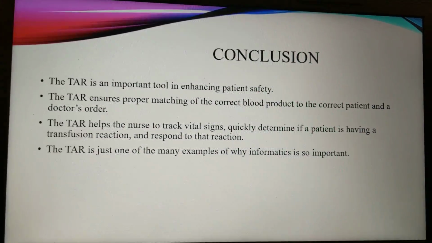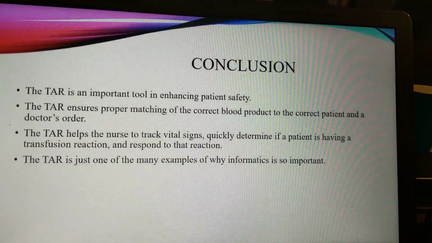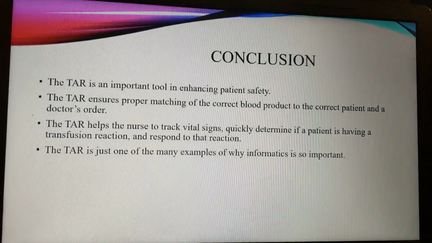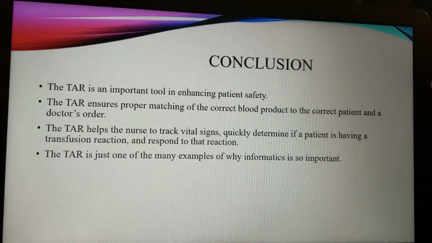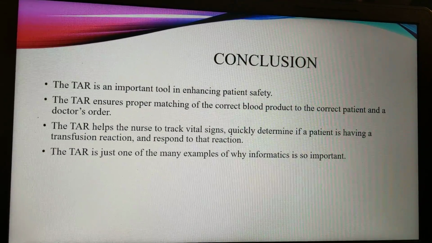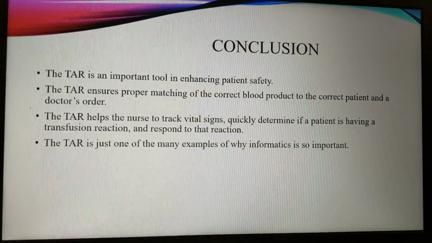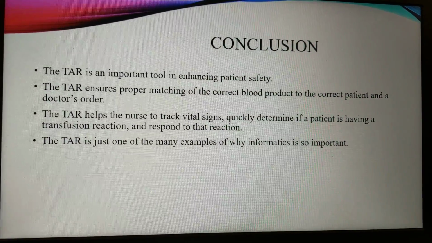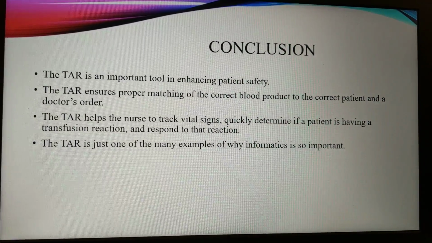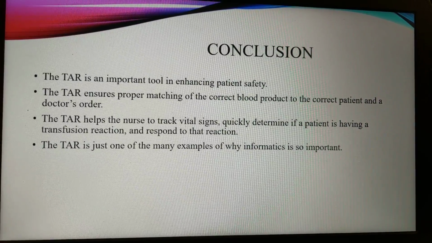And the TAR ensures proper matching of the correct blood product to the correct patient and the doctor's order, which is so important because this is one of the major issues with blood product administration. We don't want to be giving blood to the wrong patient or the wrong blood product to the right patient.